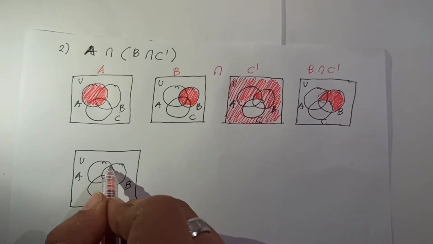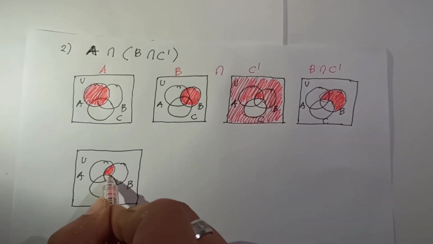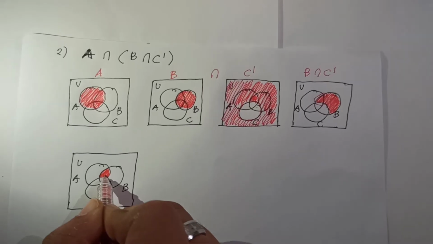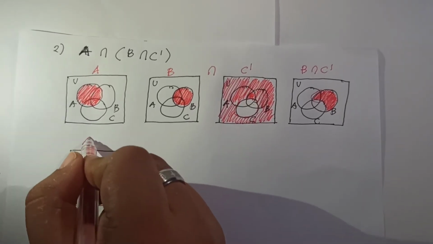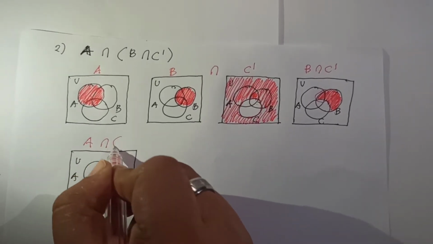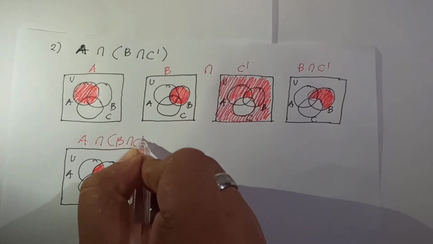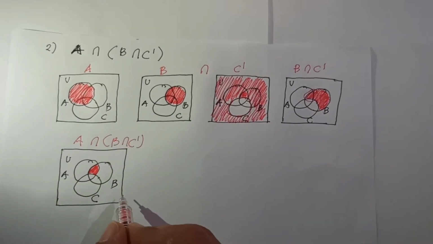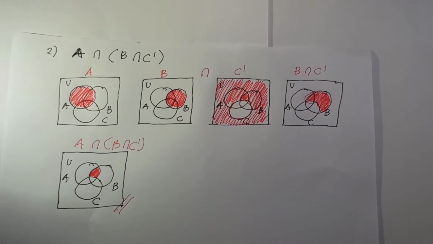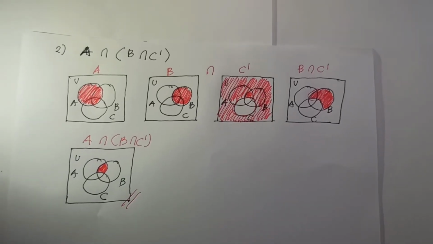So, therefore, this is A intersection of B intersection of C prime. So, this is the result for number 2.